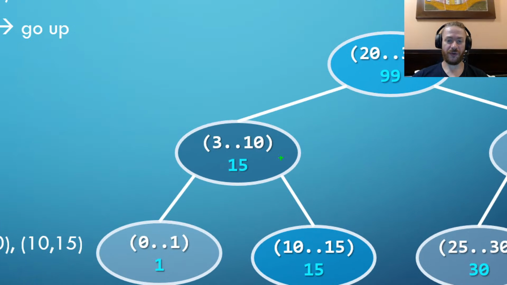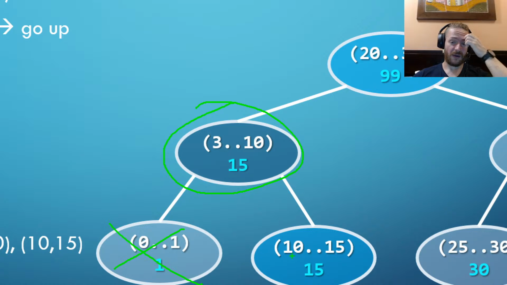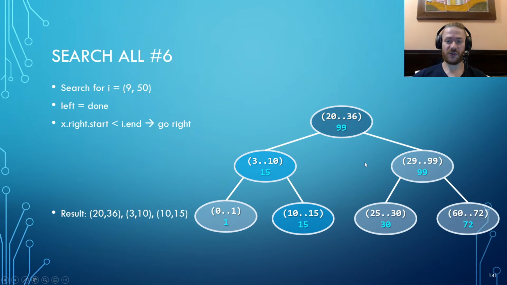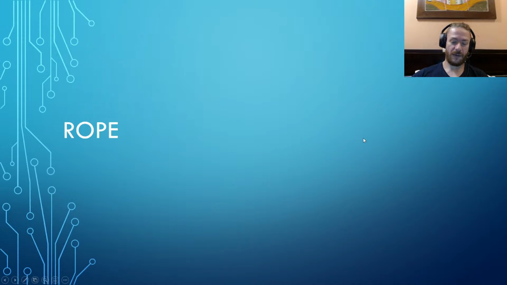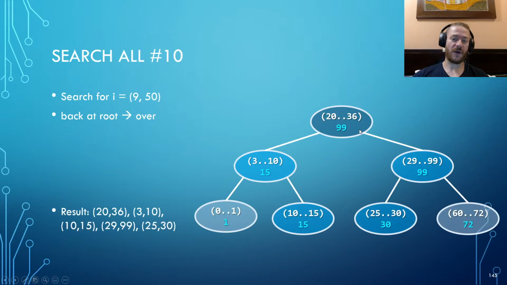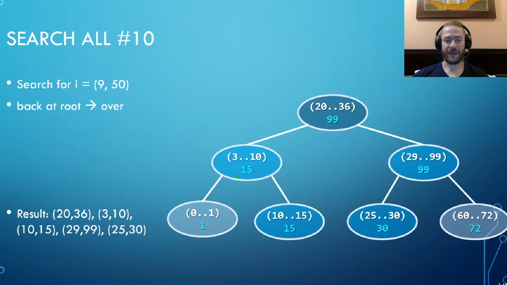So on each node, we check with the formula if we should go to the left or if we should go to the right. In this way, the tree will be traversed, and all intervals which intersect with the search will be added to the result. But the efficient thing here is that on each node we can decide whether to go to the left or to the right.